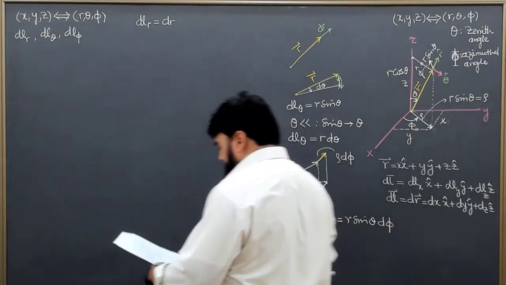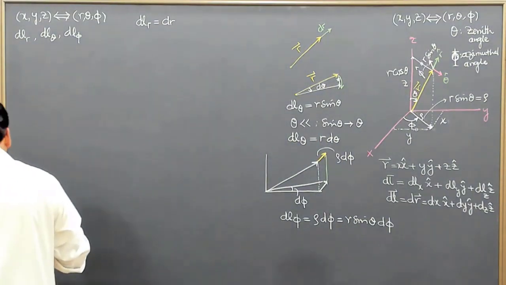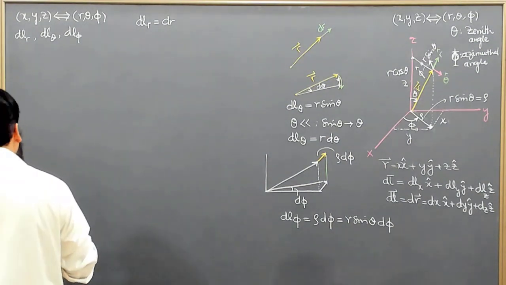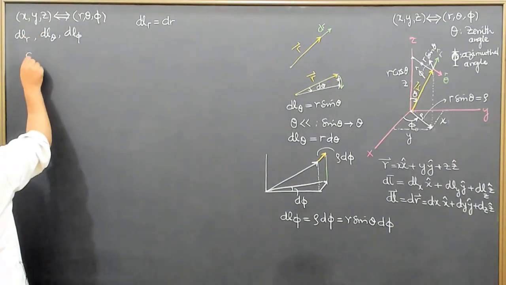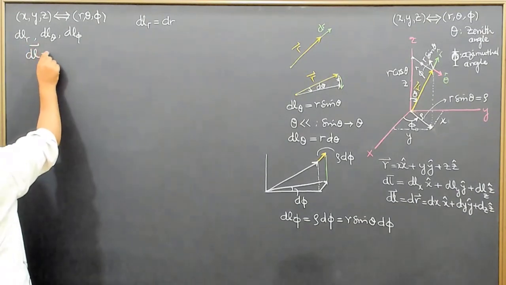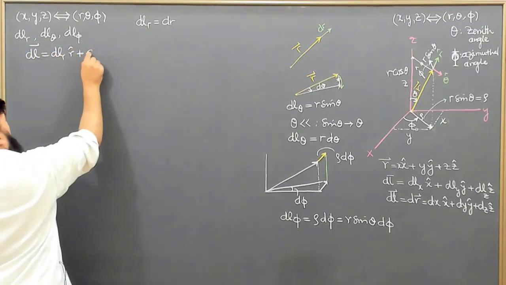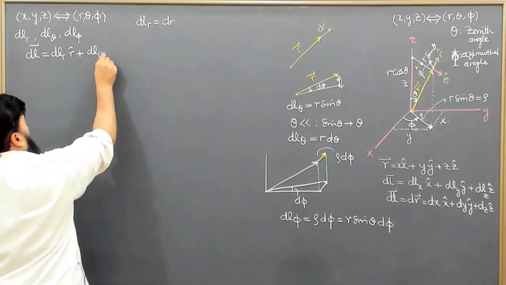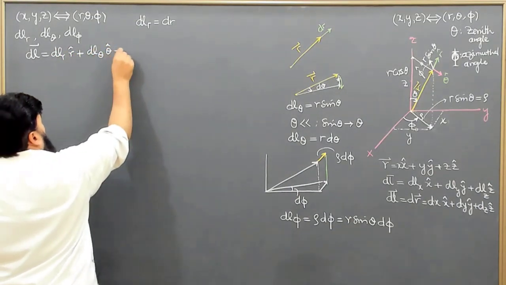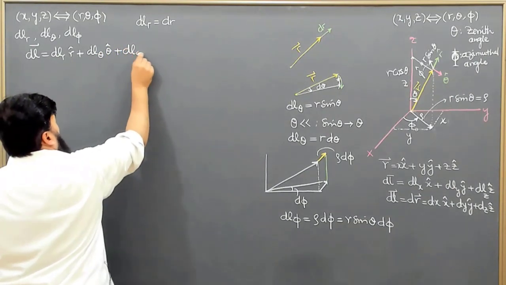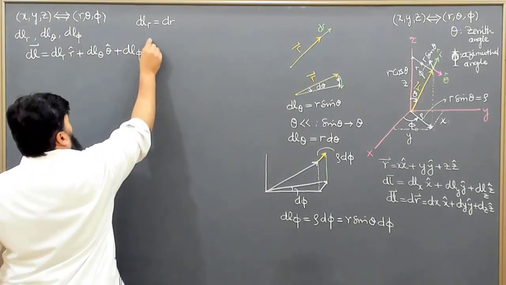So we got our length element, and our length element dl is equal to dl_r in the r unit vector plus dl_theta in the theta unit vector plus dl_phi in the phi unit vector.